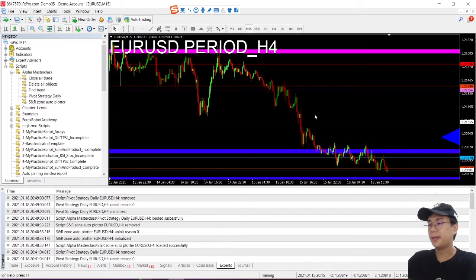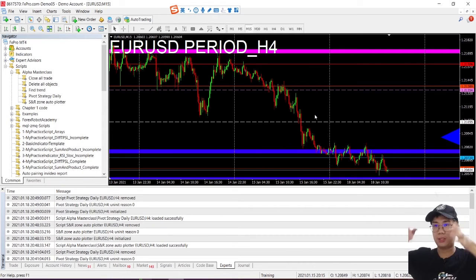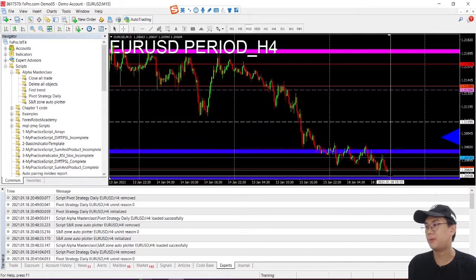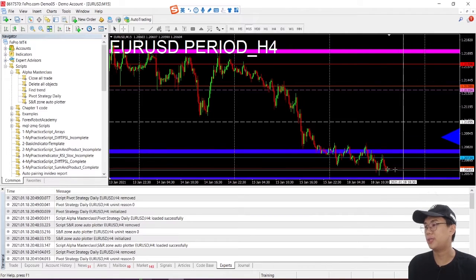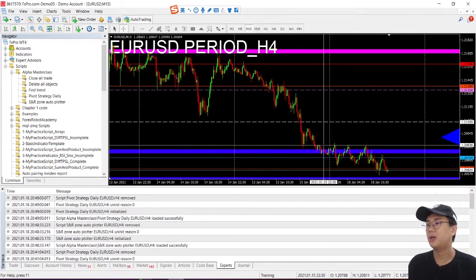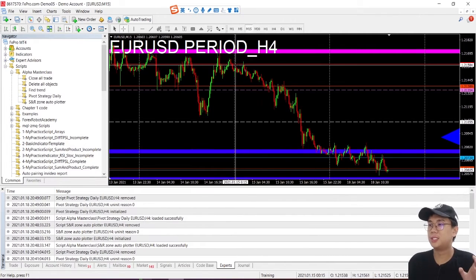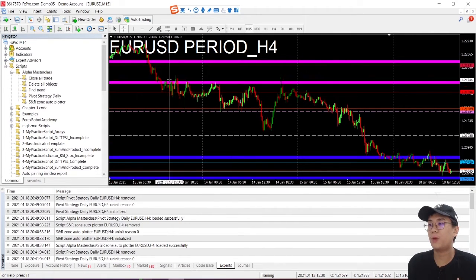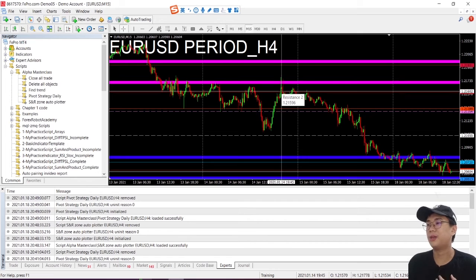Press Ctrl Y to bring out the period separator, and this will separate today's market and yesterday's market. This section is today's market because the market hasn't finished until the end. This is January 15, which has already finished the trend, and you can see that this is a downtrend and this is a little bit sideways but more going down kind of market.